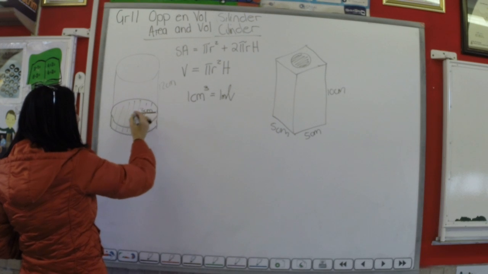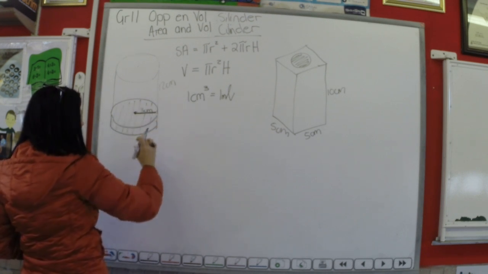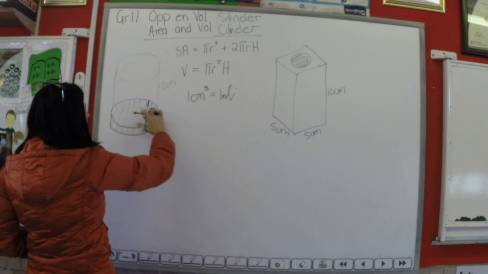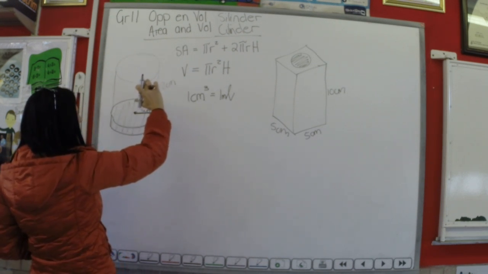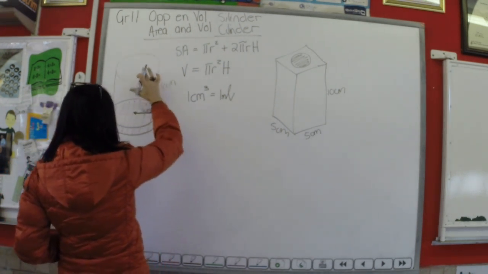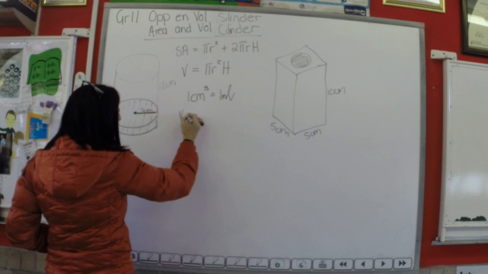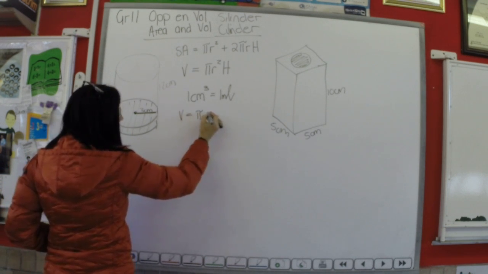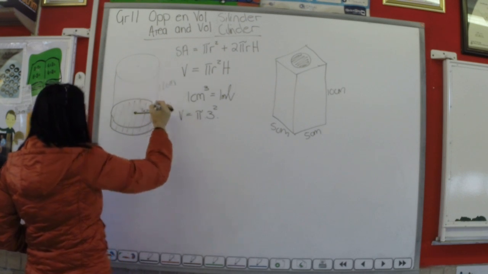So kyk net, hierdie is 'n soliede gedeelte, dis die bodem van die glas, that's solid, that piece. En so ons gaan net kyk na the capacity, meaning how much fluid will this glass hold. So ek gaan sê die volume is dan pi radius square, and this is now the height.